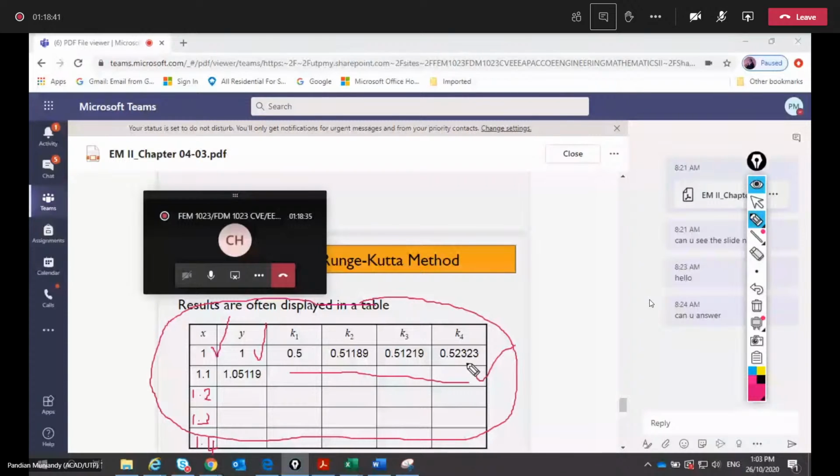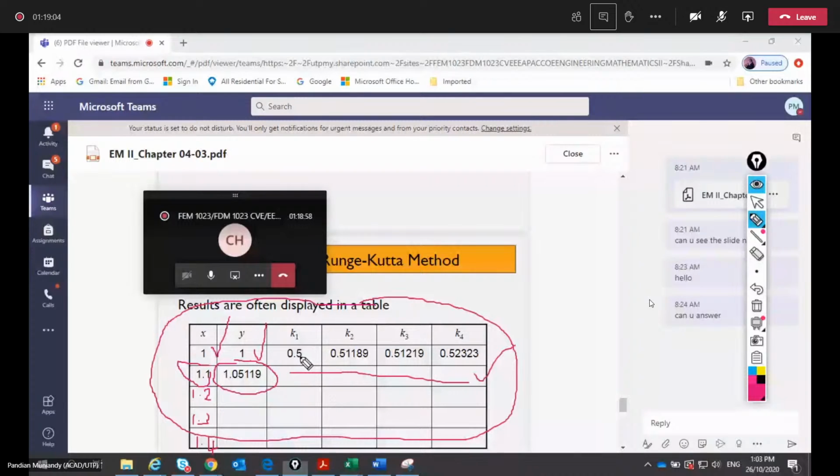And then you plug them inside y at xi plus 1. This is the value you got, the output at x equals 1.1. But this one, not yet. This one is for x 1.2. It works like this: this whole thing is to calculate your y1.